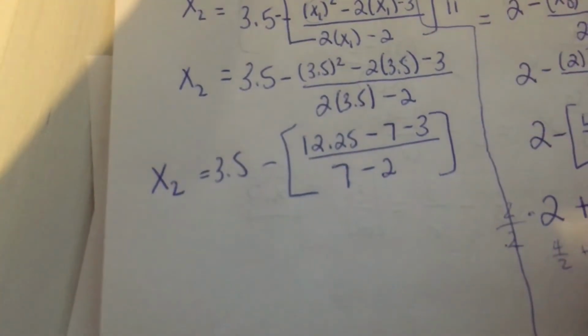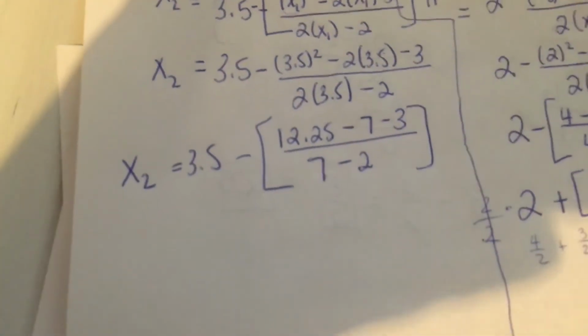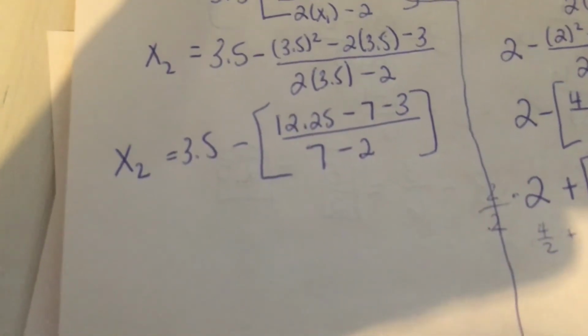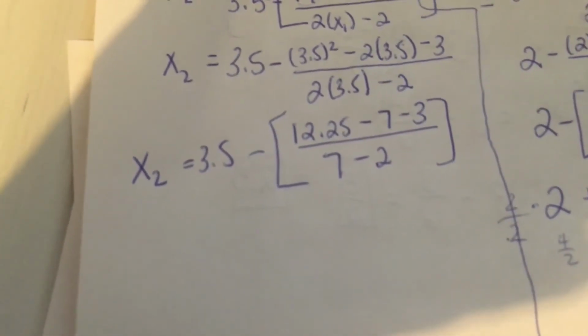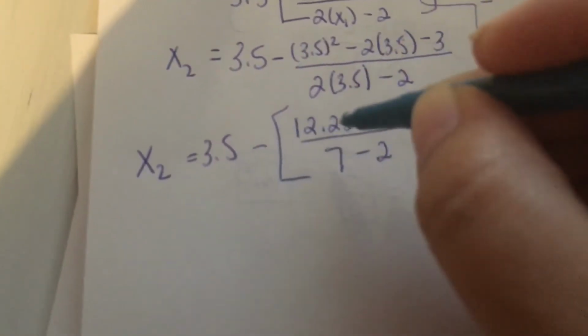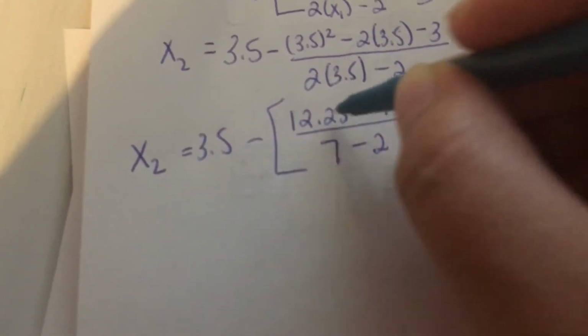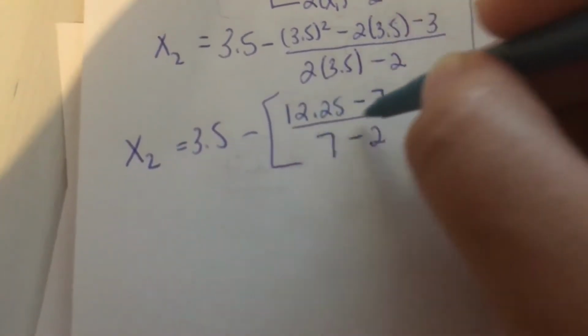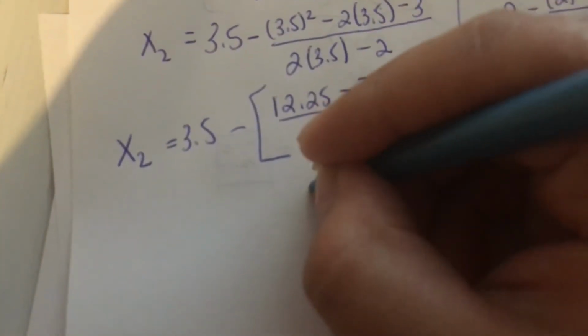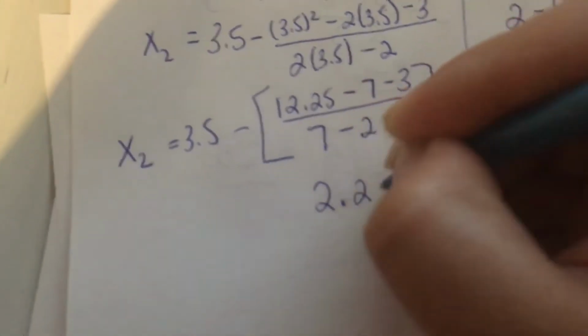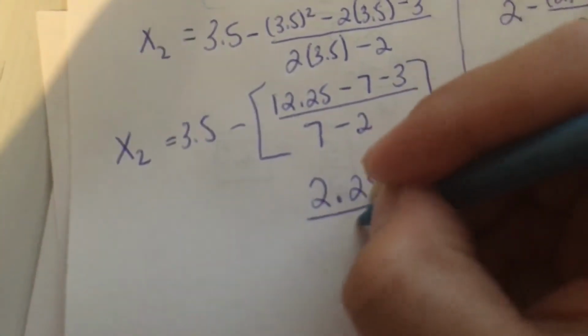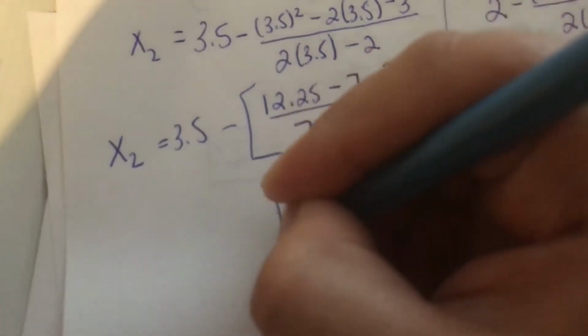3.5. If you want, it helps to write down x sub 2, because most of the time once I'm done with this, I'm like, wait, did I figure out x sub 1 or x sub 2 or x sub 3 again? Because for the most part, it can get very confusing, especially with a bunch of numbers thrown at you. So, this top here, the numerator, is equal to 2.25 over 7 minus 2, 5. Great. Minus 3.5.